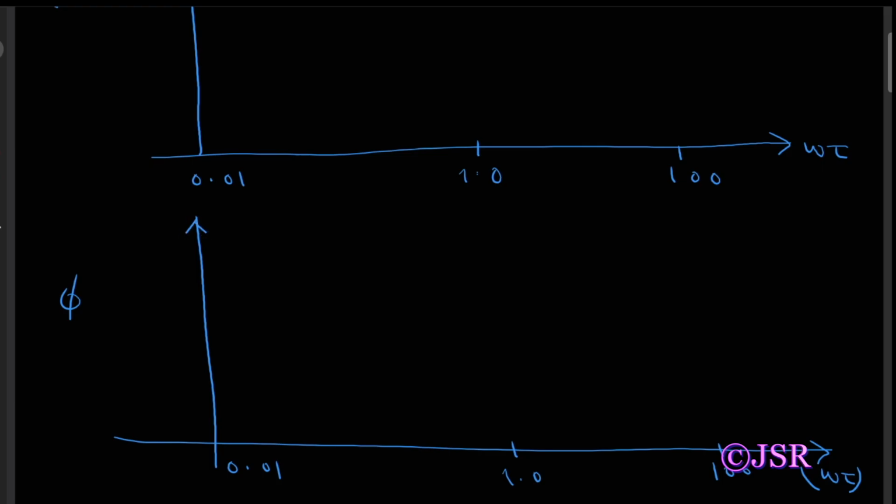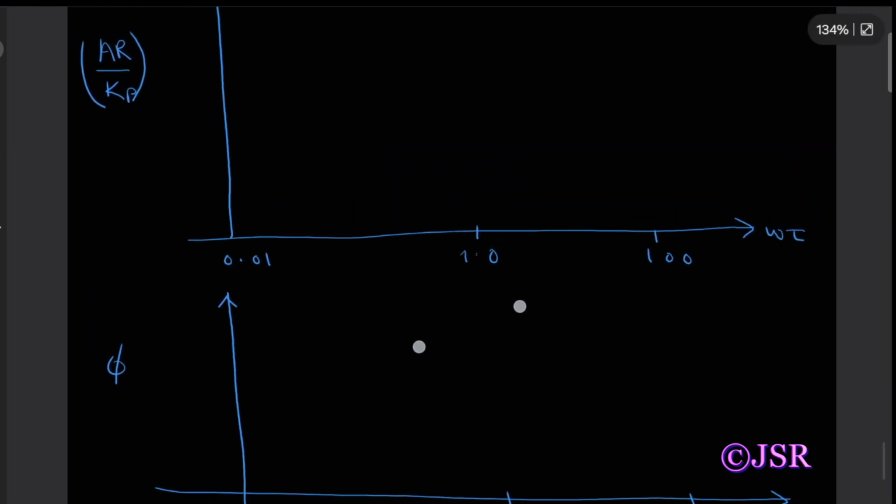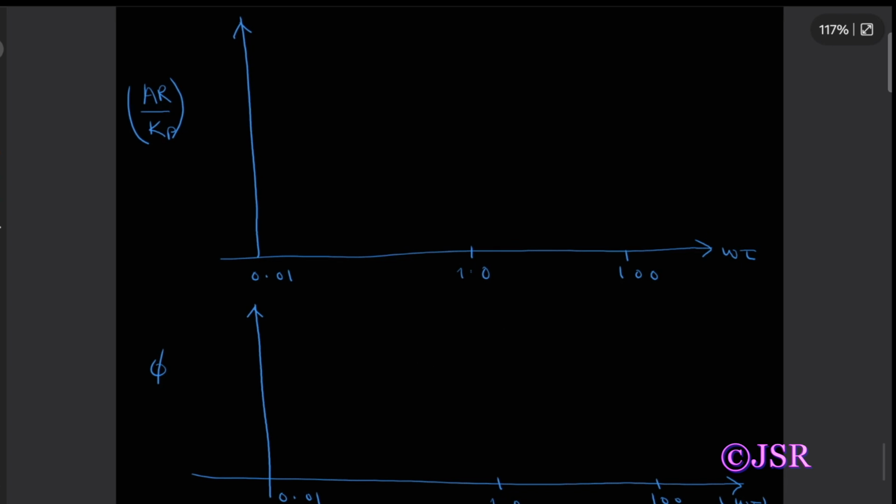So in the upper plot we have AR upon Kp versus omega tau. In the lower plot we have phi versus omega tau.